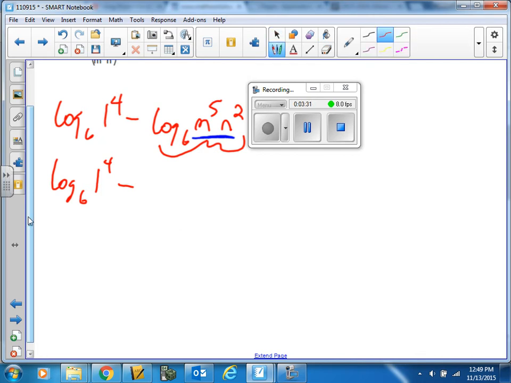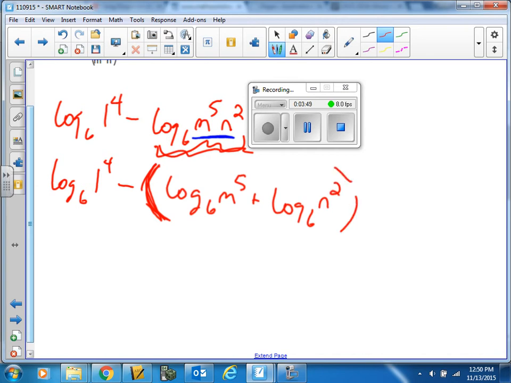It's minus everything over here. So I'm going to put parentheses because I made a mistake with this earlier. So it's going to be minus log base 6 of m to the 5th plus log base 6 of n squared. All right, so we have that.